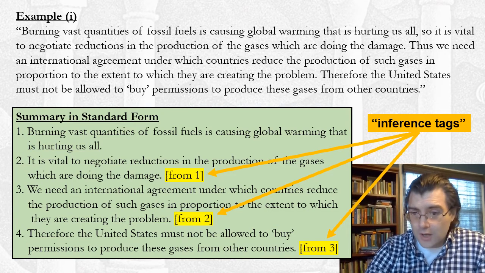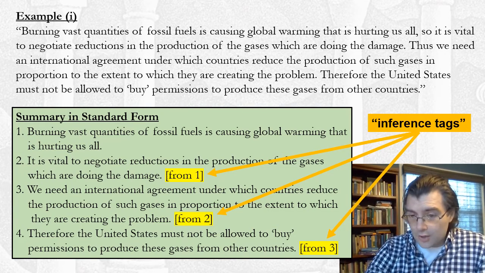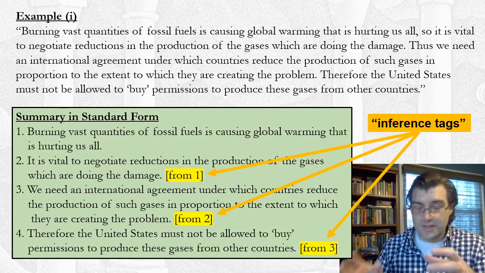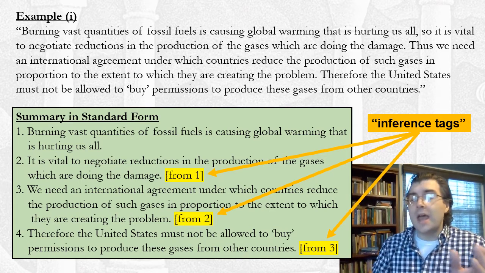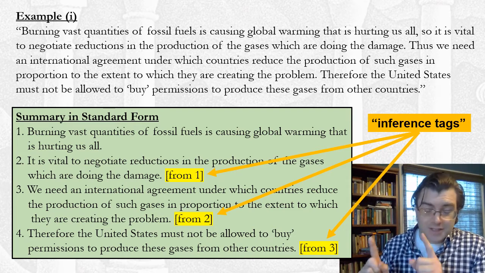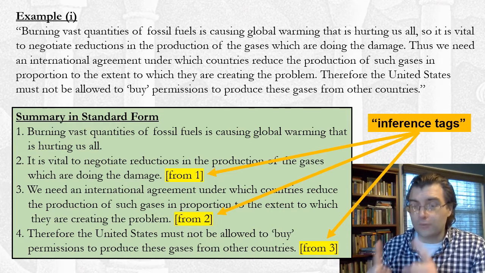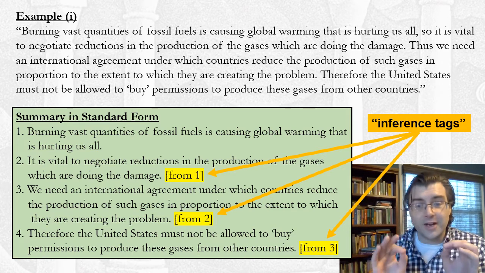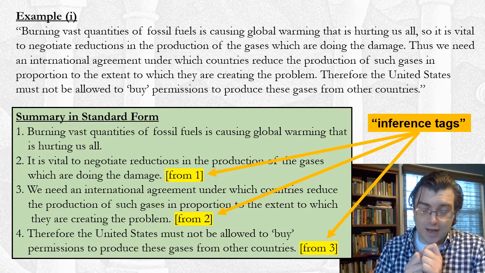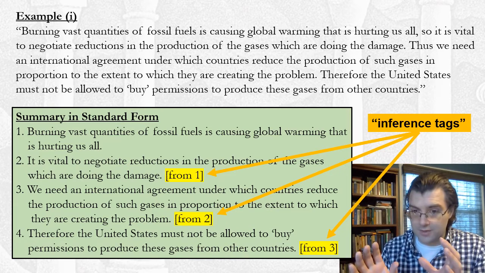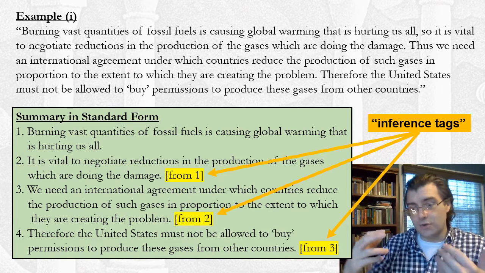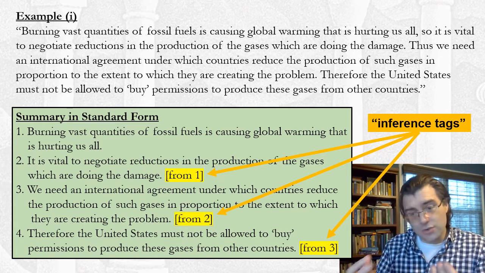Because after all, what arguments are is sets of claims where some are intended to provide support for others. And which of the claims are intended to provide support for which others is very important for understanding how a particular argument works. And when we do standard form summaries, it's very useful.